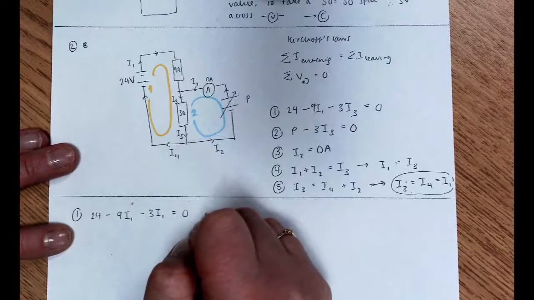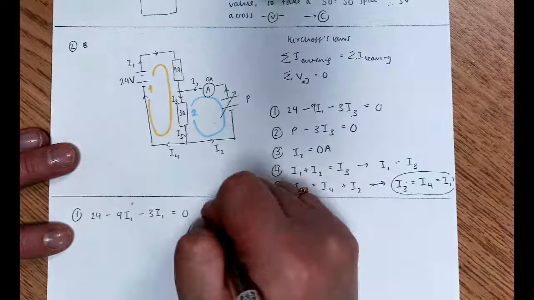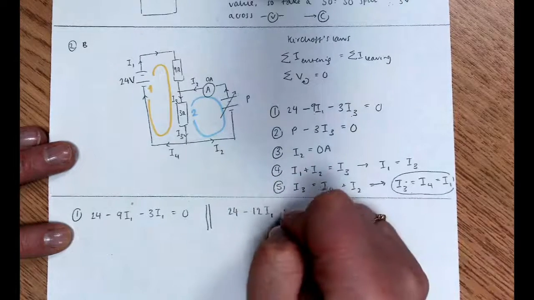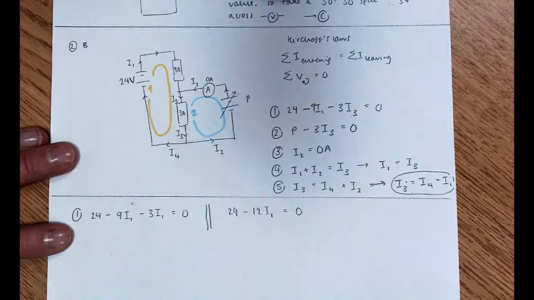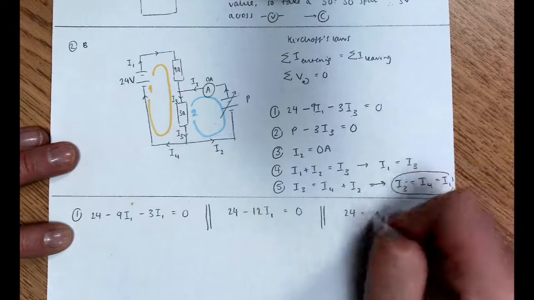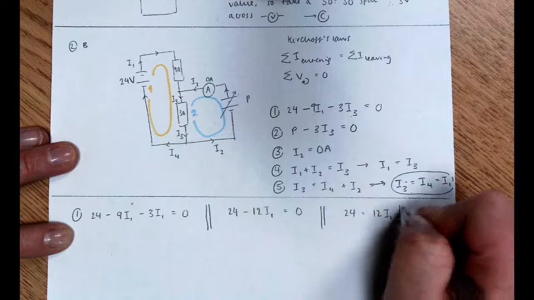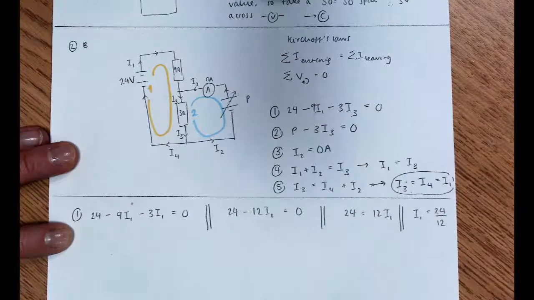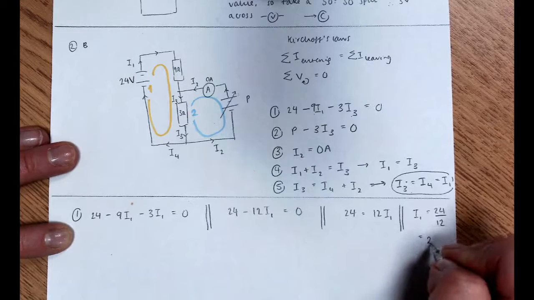Okay, that is the same as saying 24 minus 12I1 equals 0, which is the same as saying 24 equals 12I1, therefore I1 is 24 over 12, okay, which gives me 2 amps.